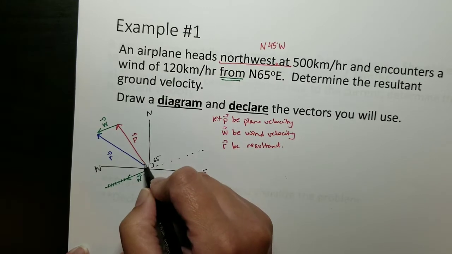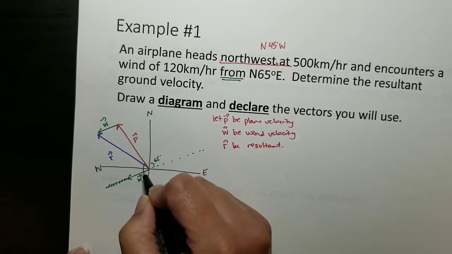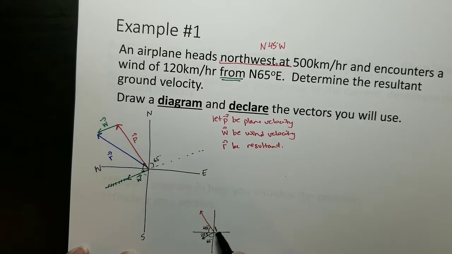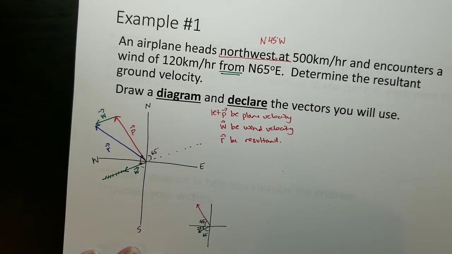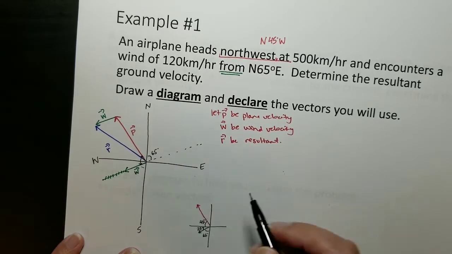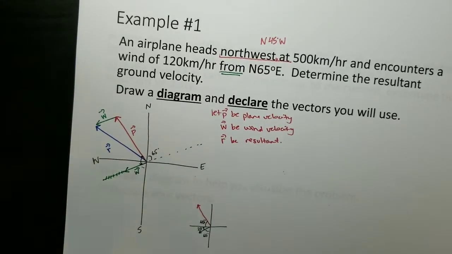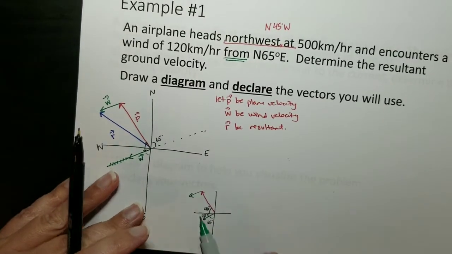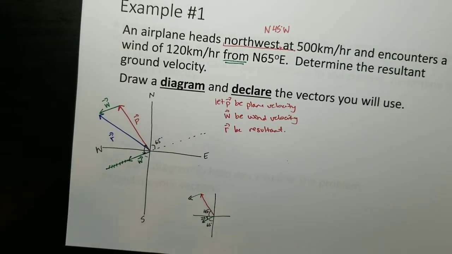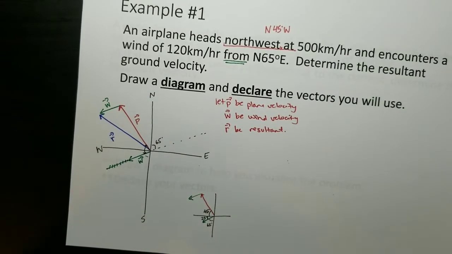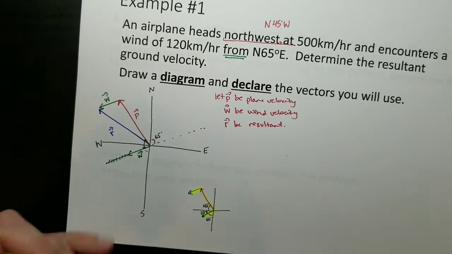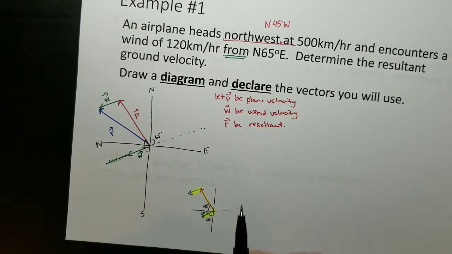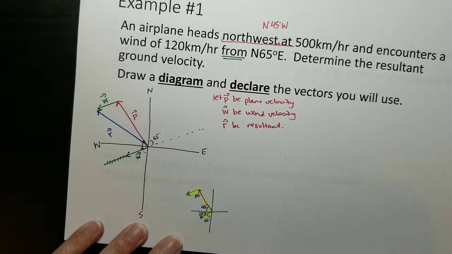So I can say that this whole angle from the wind to the plane is going to be the sum of those two small angles. So I've got a 70-degree angle in there, and then with this here and forming a C pattern with my parallel lines of the two wind vectors there, that would be 110 degrees up there.